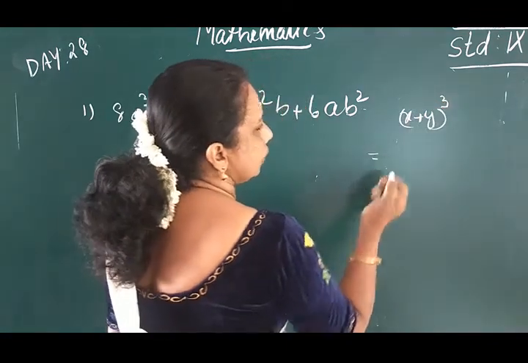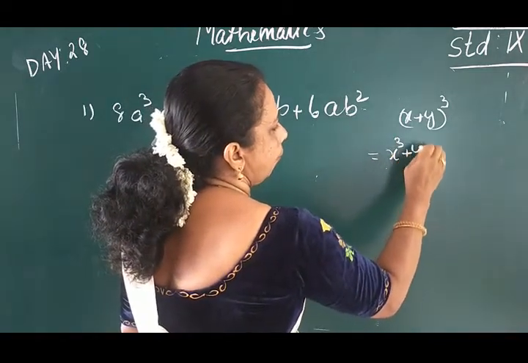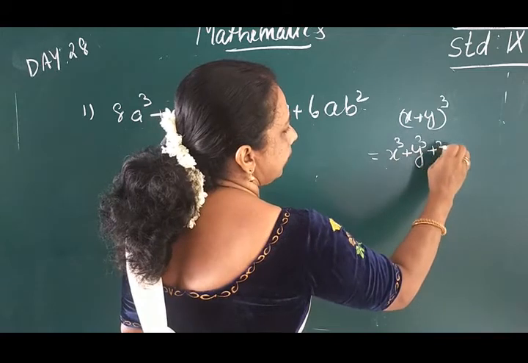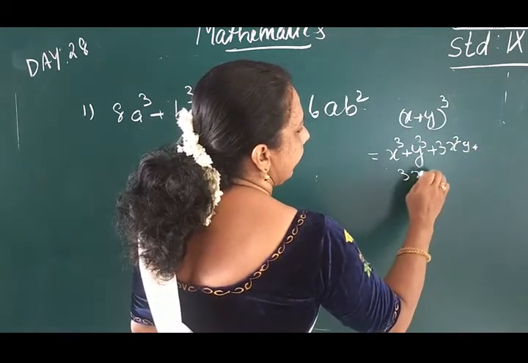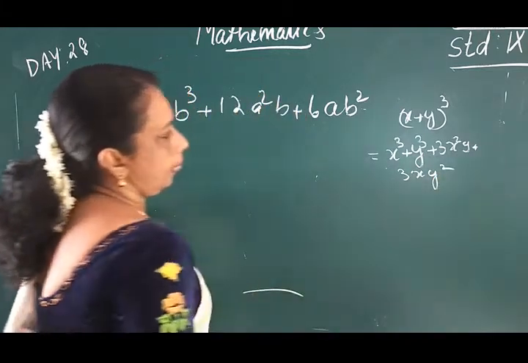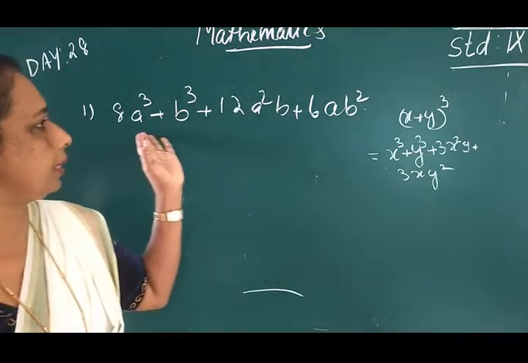You know the expansion of x plus y the whole cube: x cube plus y cube plus 3x square y plus 3xy square. Using this identity, we write the expression.